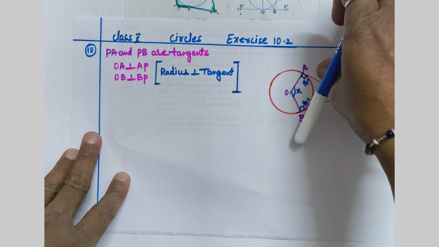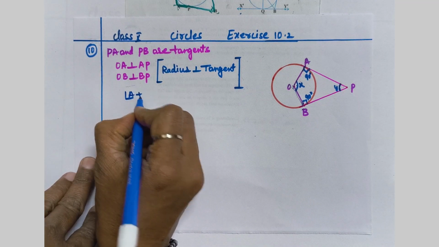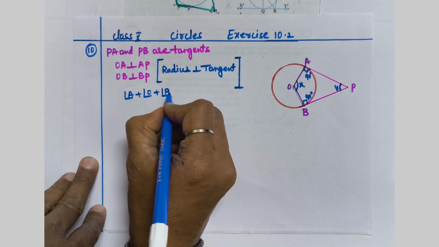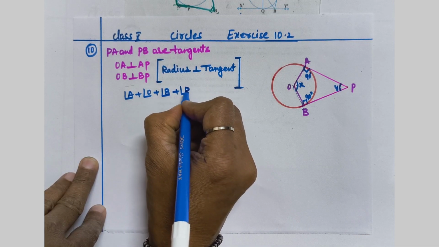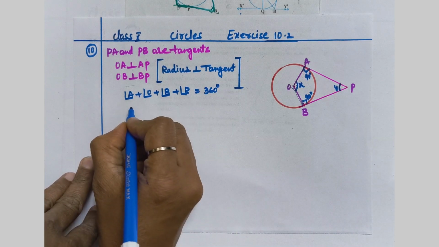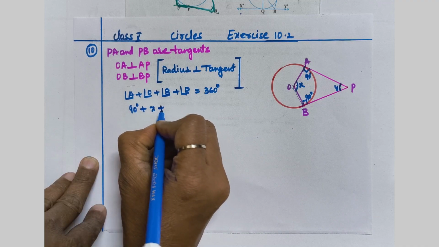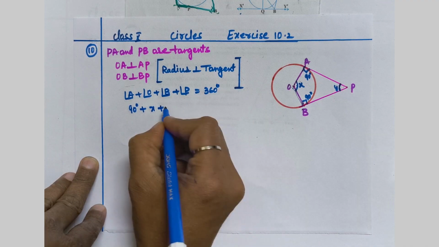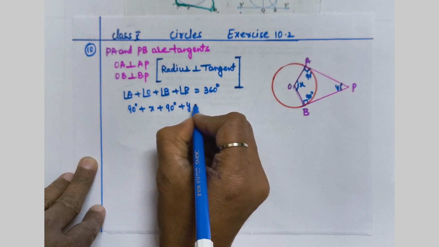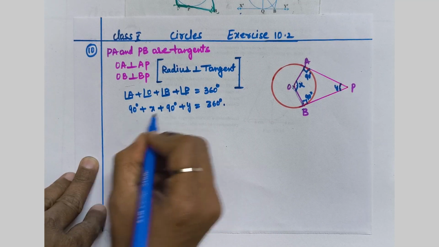Okay. Now I am taking angle A plus angle O plus angle B plus angle P. These 4 angles sum to how much degree? 360 degrees. Now we will apply. Angle A is 90 degrees, plus O means x, plus B means 90, next P means y, is equal to 360 degrees.